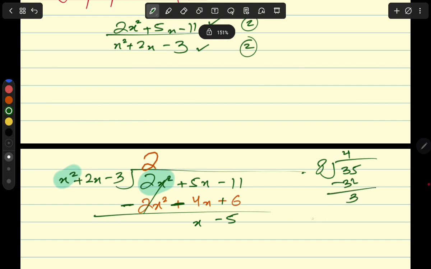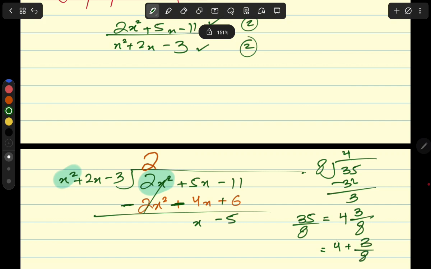So we can rewrite this 35 upon 8 as 4 whole 3 upon 8, or you can also rewrite it as 4 plus 3 upon 8, right?